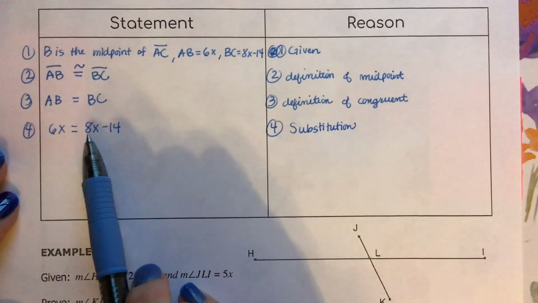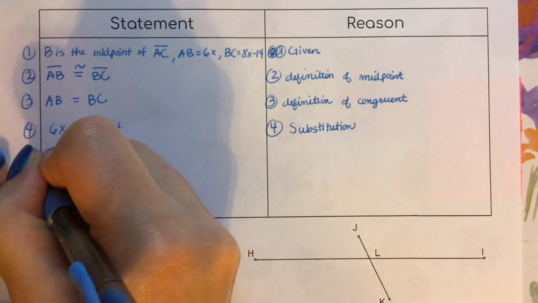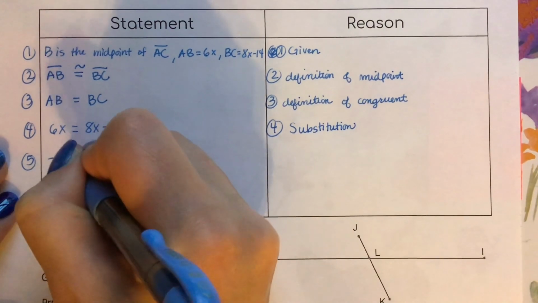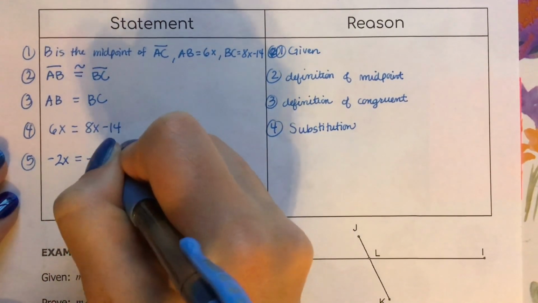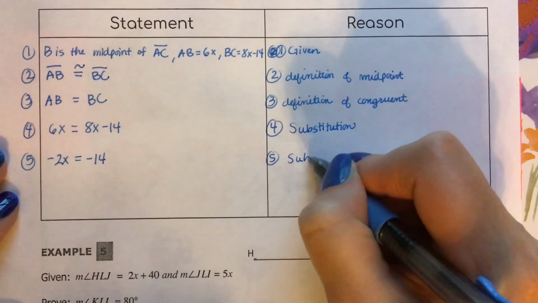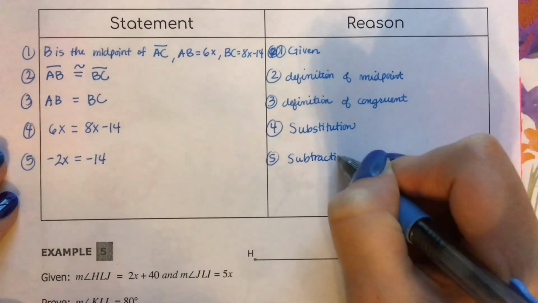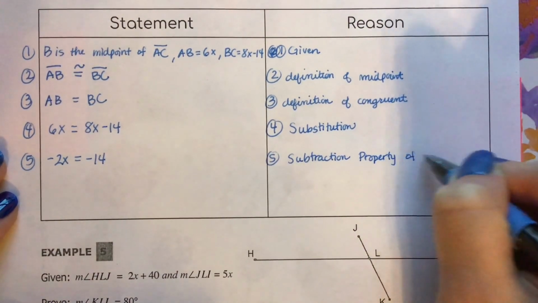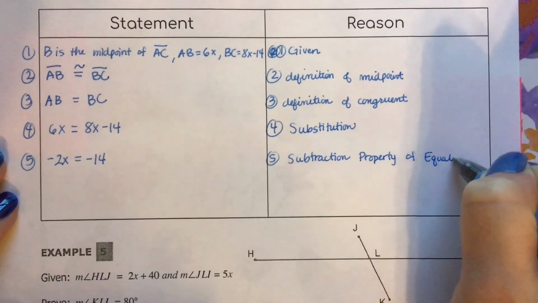Once you get to this step, you're probably golden. So I am now going to subtract 8x from both sides because I'm trying to get my variables together. So I have negative 2x is equal to negative 14. That is a subtraction property of equality.